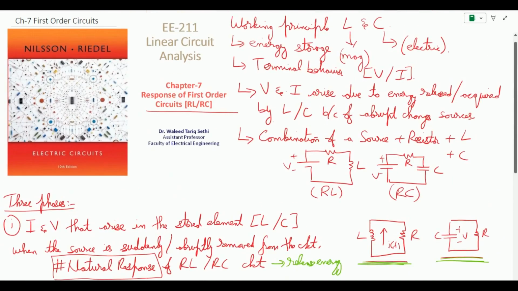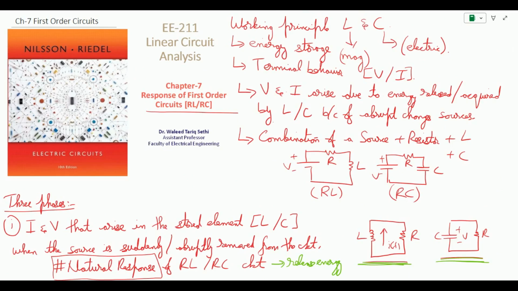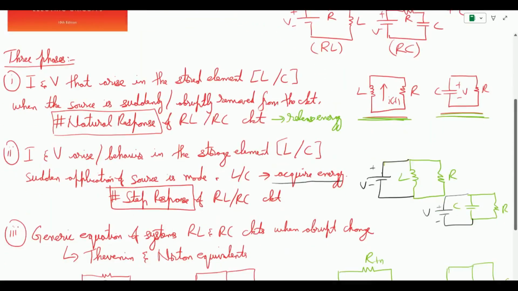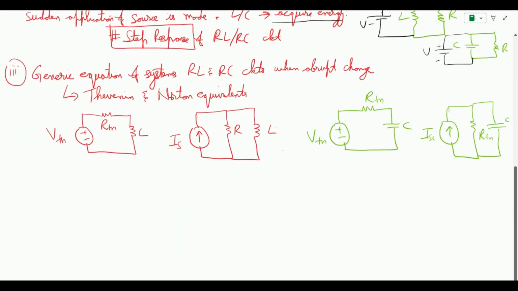Another thing to remember is that these circuits, RL and RC, are also known as first order circuits, as we can see from the title of this chapter. So why are they called first order circuits? We know that RL and RC are governed by mathematical expressions for the rate of change of current and the rate of change of voltage. For an inductor, the voltage across it is V equals L di by dt, and for the capacitor, the current is C dV by dt.